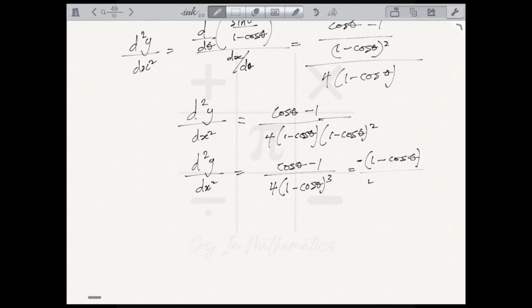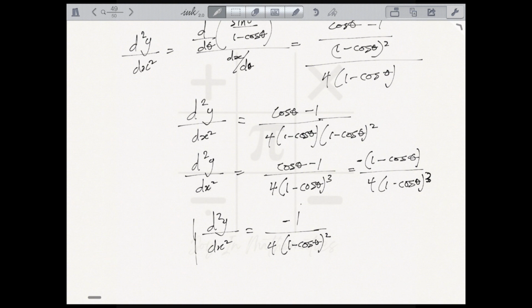So this will give us 4 into (1 minus cos θ) cubed. Therefore, d²y/dx² will be left with minus 1 over 4 into (1 minus cos θ) squared. So this brings us to evaluating d²y/dx².